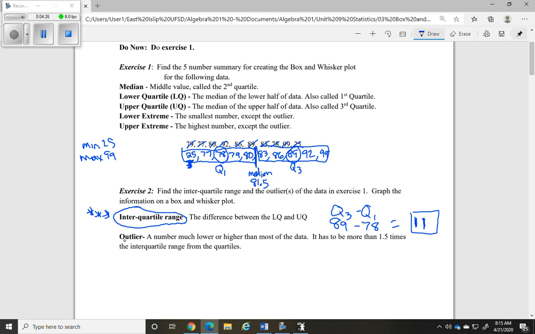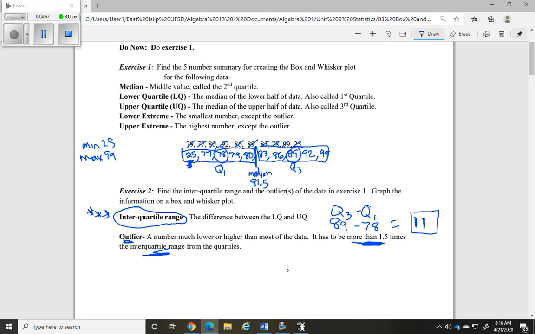Now an outlier is a number that's, like I said, really, really far away from the rest of the data. An outlier could be an extra low number or an extra high number. There can actually be more than one outlier. What mathematicians have decided is that if it's more than 1.5 times the interquartile range away, then it's too big or too small.